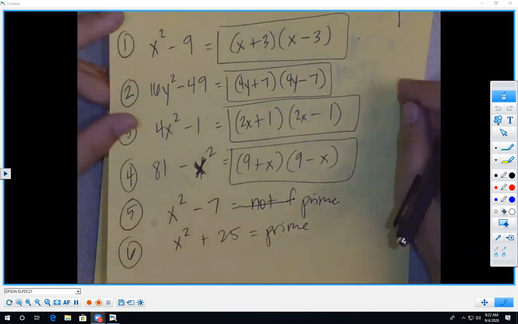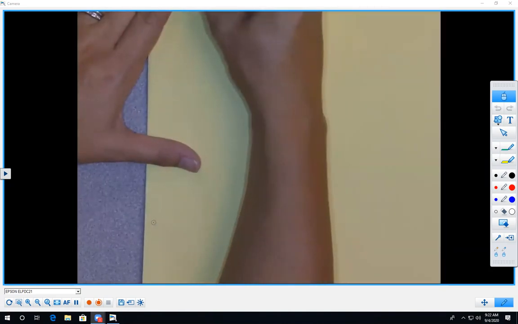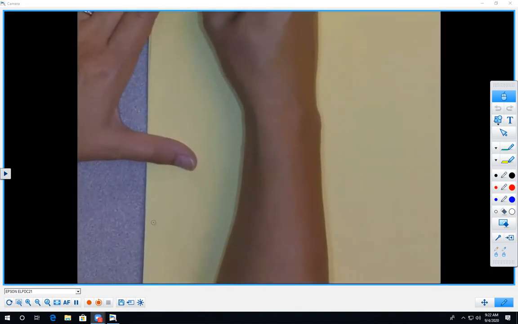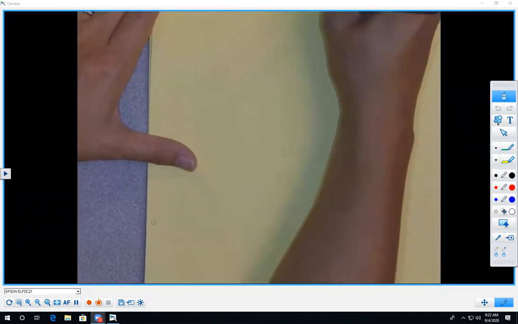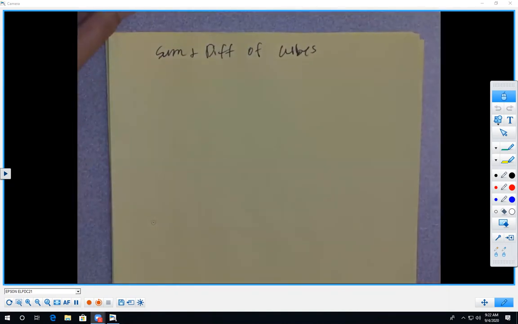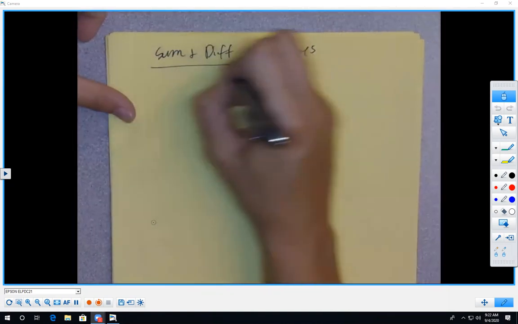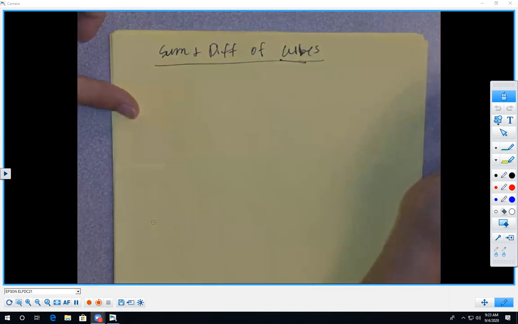Moving on to the sum and difference of cubes. There are two different formulas here. What do you think is going to be different about these? How are these going to be different than the other ones?